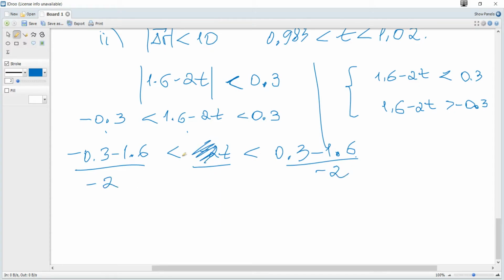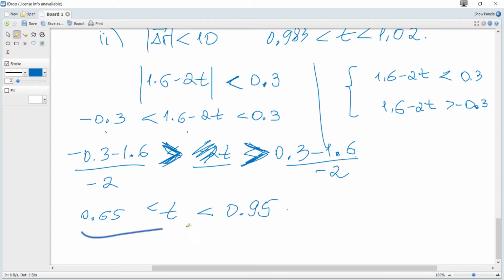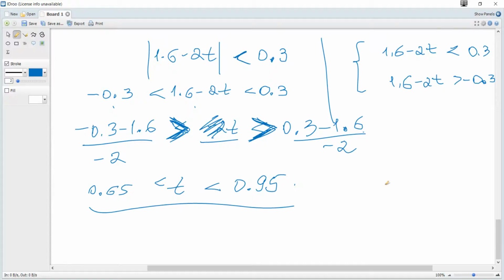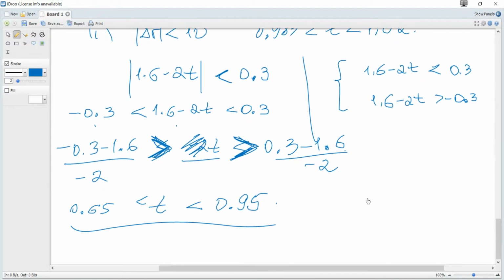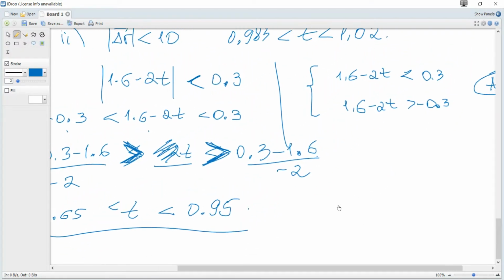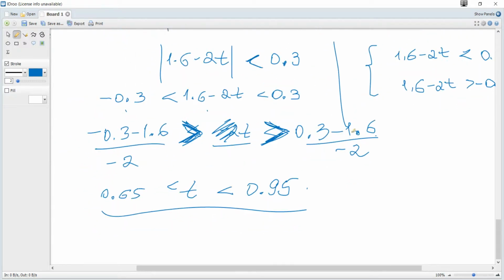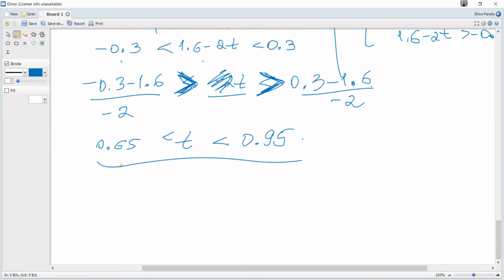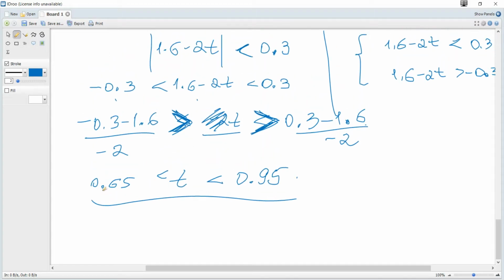But if you divide by a negative value, you should flip the signs, and finally you get that t is greater than 0.65 and less than 0.95. And hence we can make the next conclusion. So when t is greater than 0.65 and less than 0.95 hours, height is less than 300 meters.